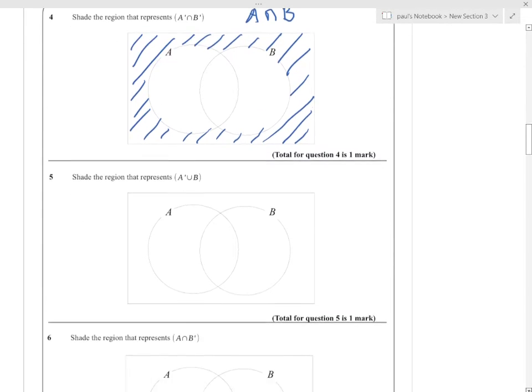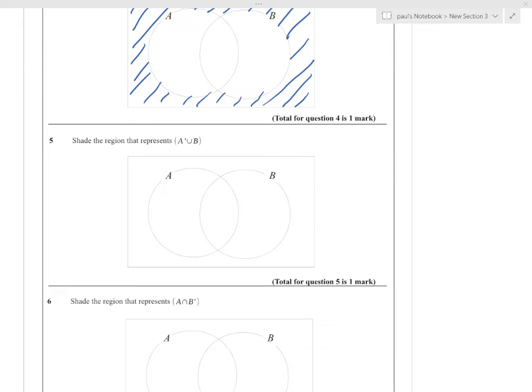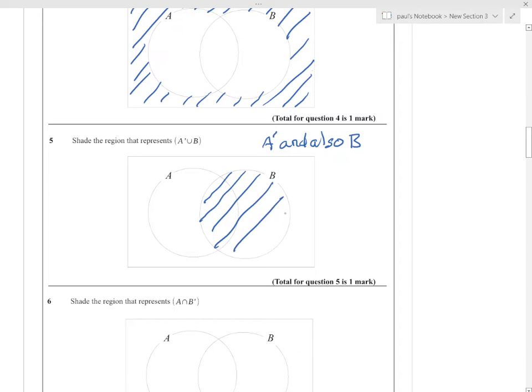Now here we've got a sign that is and. So we have not in A and also in B. So we want everything that's in B, I'll do the B first, and everything that's not in A. So that's all this stuff around the outside.